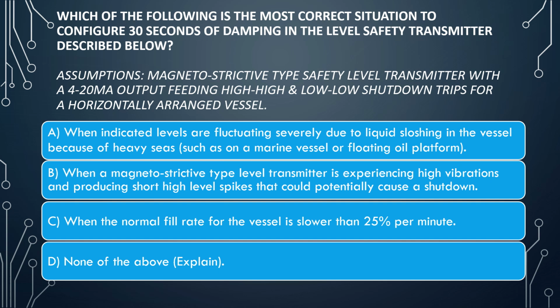It's producing short, high-level spikes that could potentially cause a shutdown. Option C is when the normal fill rate for the vessel is slower than 25% per minute. And option D is that none of the above are correct, and you'd have to explain that answer.